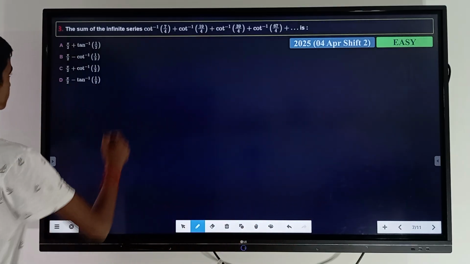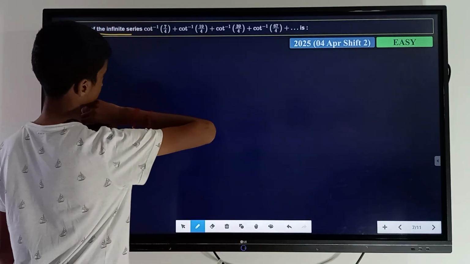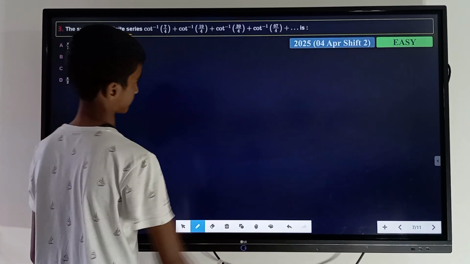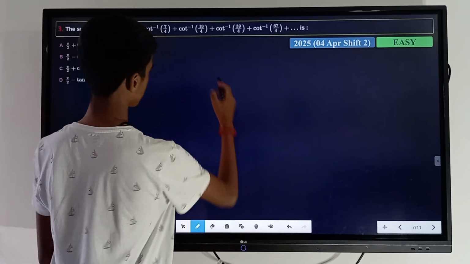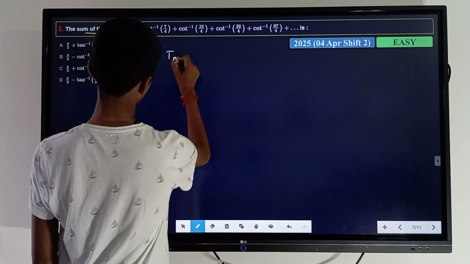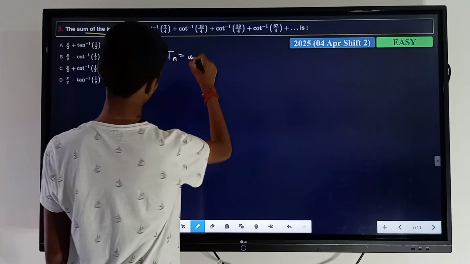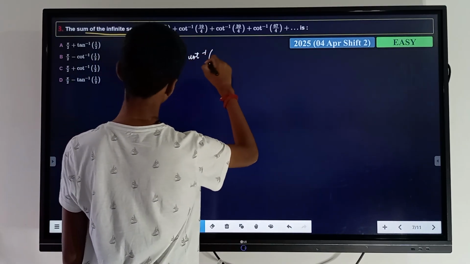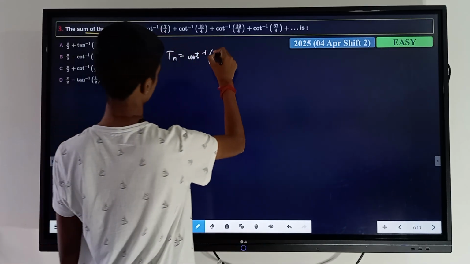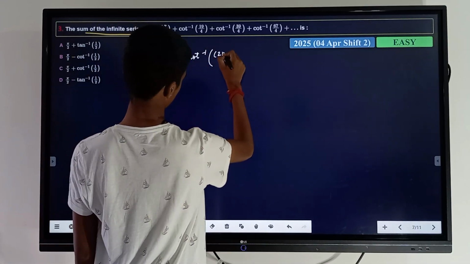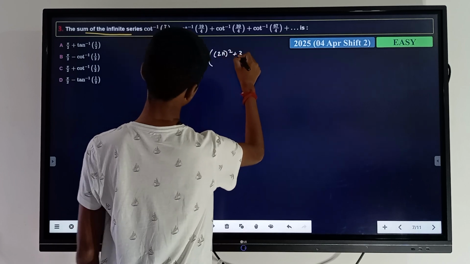This time our question says the sum of infinite series. So first let's find the general term. Tn is equal to cot inverse of, let's say this is the first term, so this is like 2 into 1 square, 2n square plus 3.